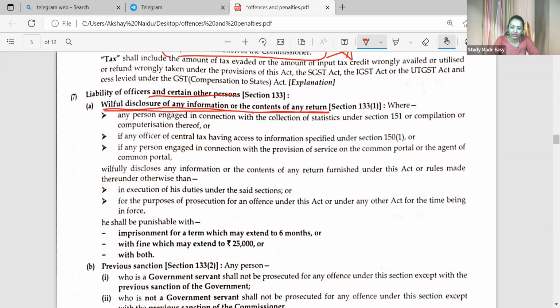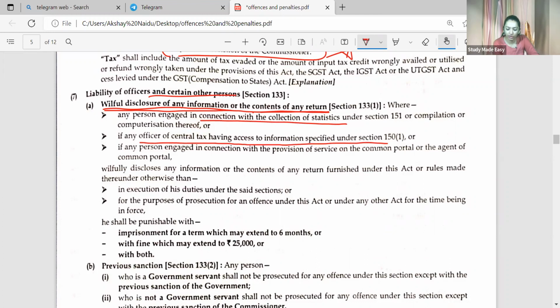In such a case, any person who is engaged in collection of statistics, if any officer of central tax has access to information, and if any person engaged in connection with the services on the common portal willfully discloses any information or content of any return furnished under this Act.